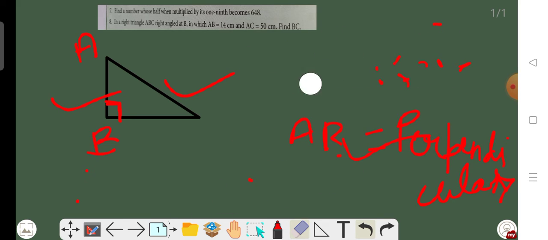And the relation is known as Pythagoras theorem. What is the relation name? Relation name is Pythagoras theorem. According to that theorem, hypotenuse square is equal to perpendicular square plus base square. This is your Pythagoras theorem.